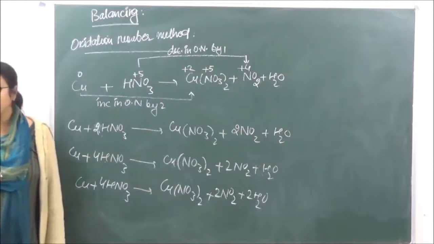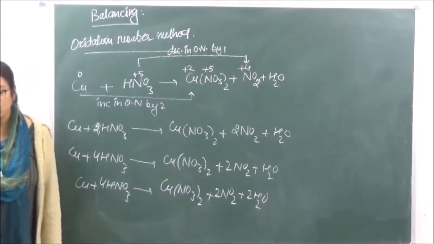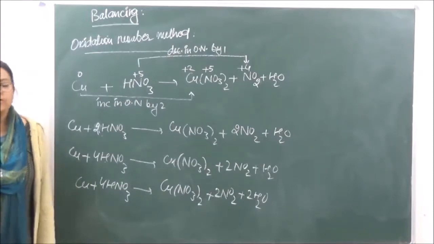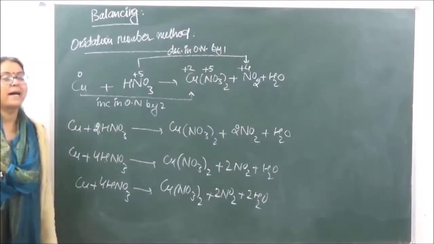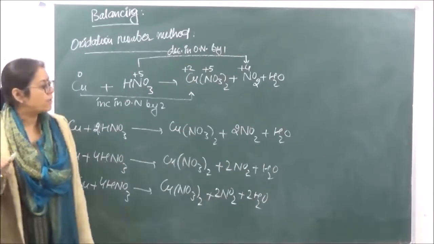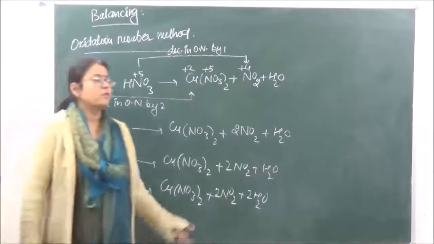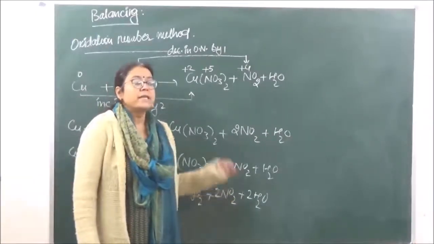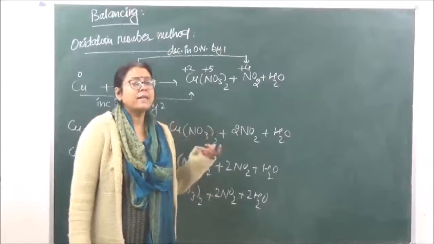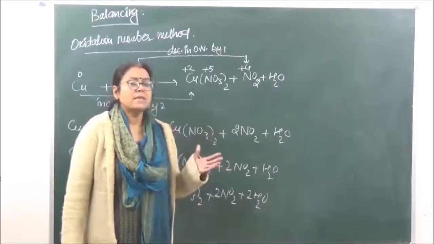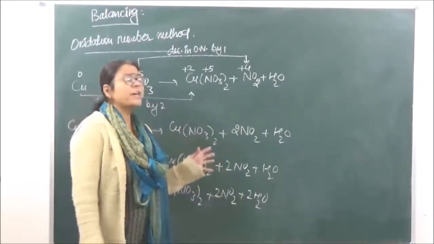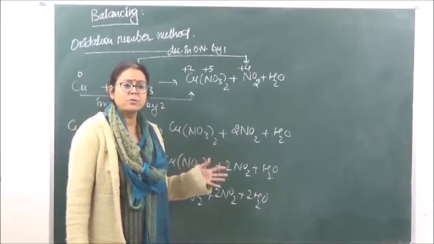इसमें कोई भी ज़्यादा difficulty नहीं है. But if you get a question to balance the equation by a particular method, obviously in the competitions you will not get that. In the competition you just have to balance the equation. It is better that you balance the equation by the ion electron method because that is an easier method and you do not get confused. Accurate results are going to be there.